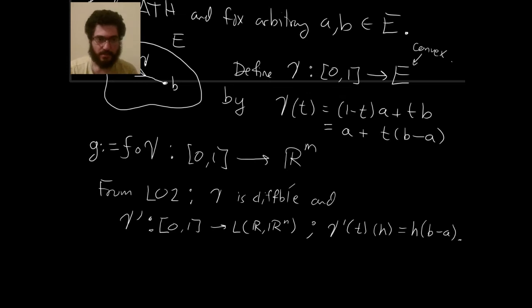Okay, so now we can apply the chain rule. G is a composition of something that's differentiable, and we checked that in lecture 2, and F, which we assume is differentiable on all of its domain. So let's do this.